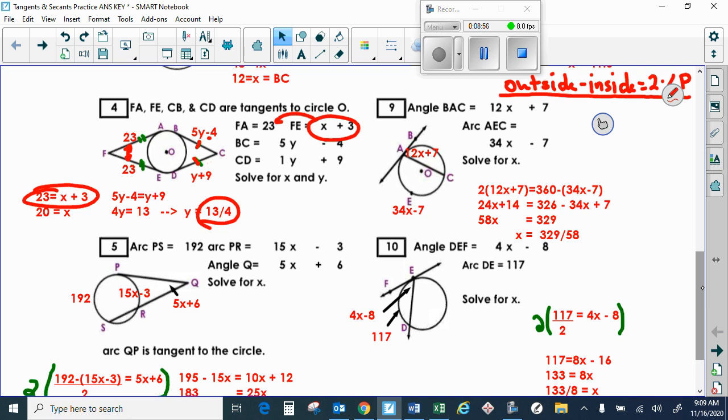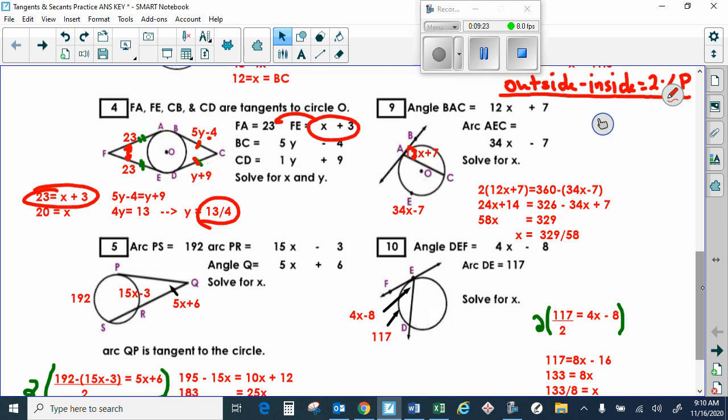All right, number 9. We have a tangent and a chord. Remember, a chord is just a segment that touches 2 points on the circle. Okay, connected together there. We treat this as an inscribed angle, where it's half of the intercepted arc. So angle BAC, this angle right here, is 12x plus 7.